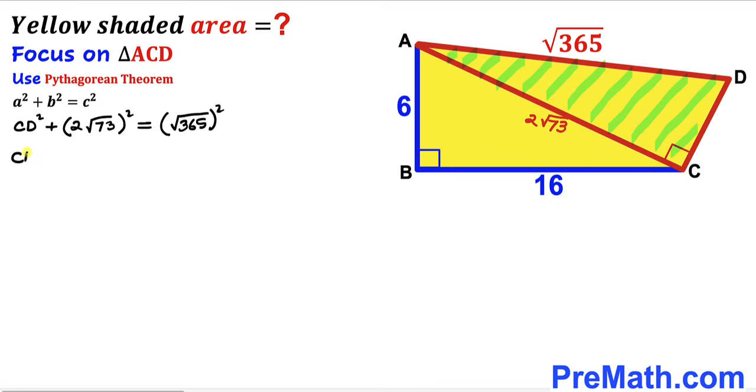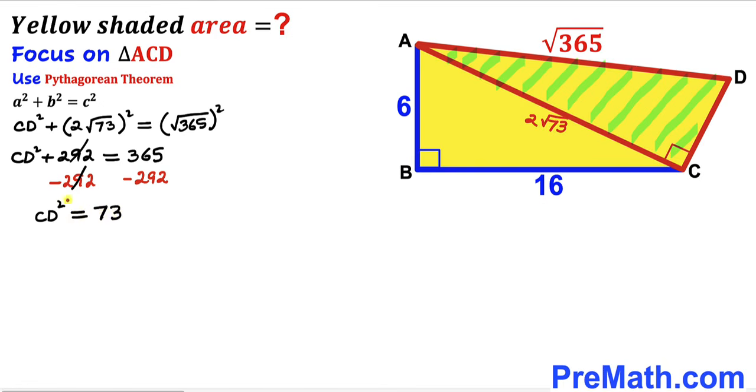So we get CD square plus 292 equals 365. Now we subtract 292 from both sides, and the 292 and negative 292 are gone. So CD square turns out to be simply 73.